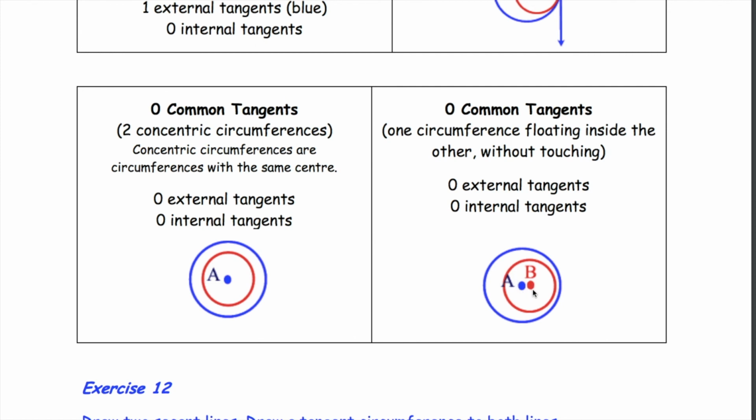They are not concentric, but the circumferences aren't touching either. So there are 0 external tangents and 0 internal tangents. Okay? So remember, external means outside, internal means inside.